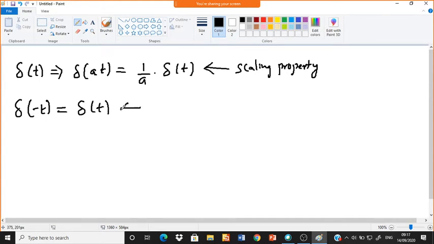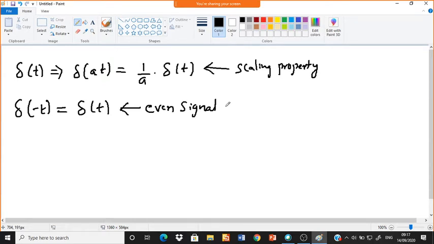That means this is an even signal, it possesses the property of an even signal. So these are the important properties of the impulse function in the time domain.